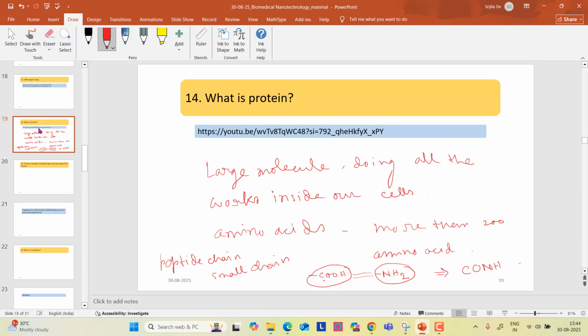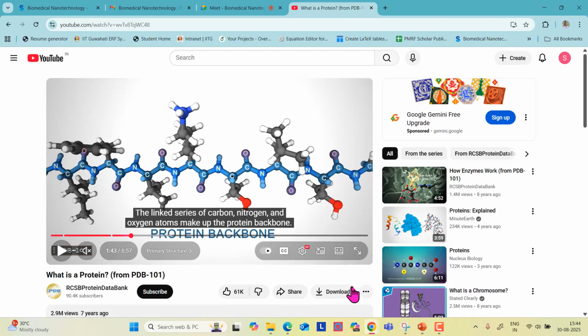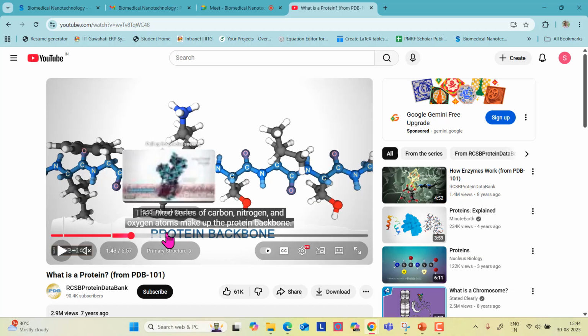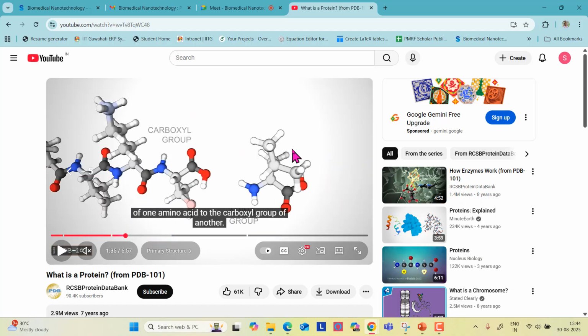You can see that from COOH, CO will be there, and from NH2, NH will be there. So what is left? H2O is left. So that is why it is shown here: one amino acid to the carboxyl.